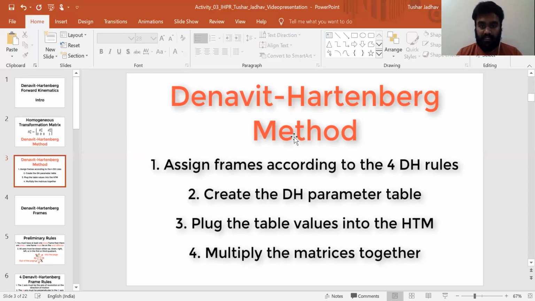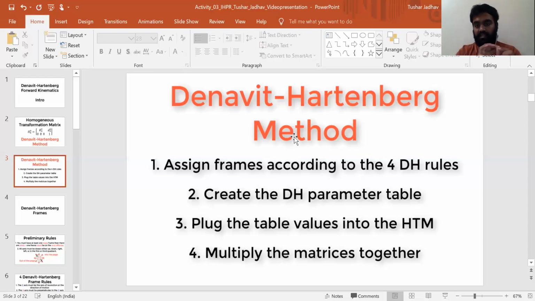Second is creating the DH parameter table. Third is plugging the table values into the homogeneous transformation matrix and then multiplying all the matrices. For example, when you want to find out the final position, whatever transitions or angles you give in your program will have an effect over all the frames. If the end effector should move from point 1 to point 2, all the joints connecting behind it go through a number of transformations.